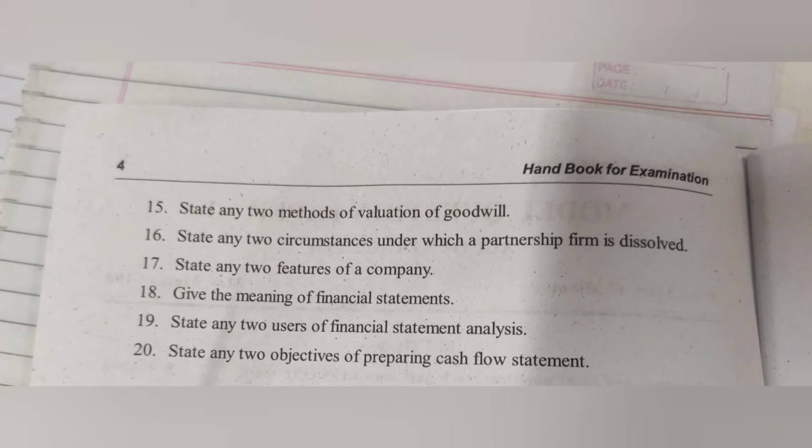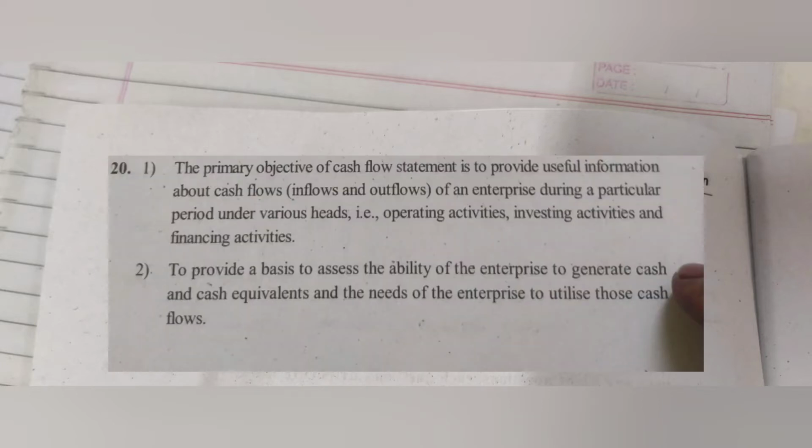Next question, state any two objectives of preparing a cash flow statement. The primary objective is to give useful information about cash flow, which can be inflow and outflow, along with operating activity, investing activity, and financing activity.